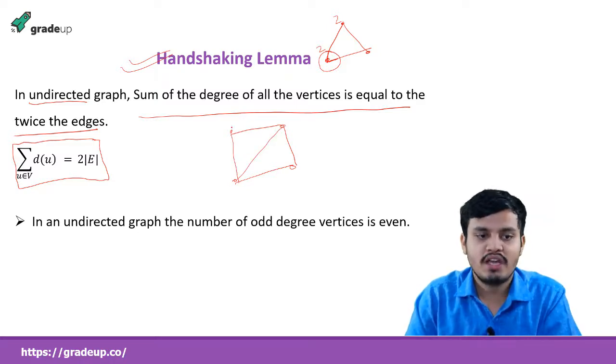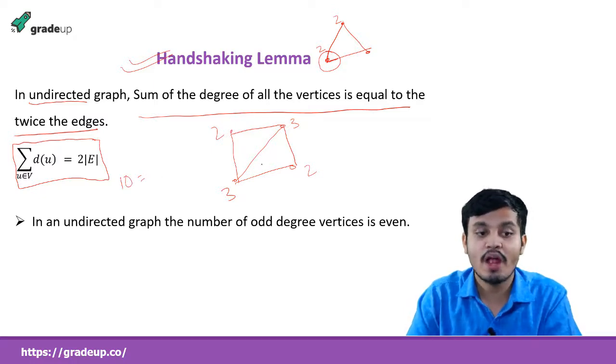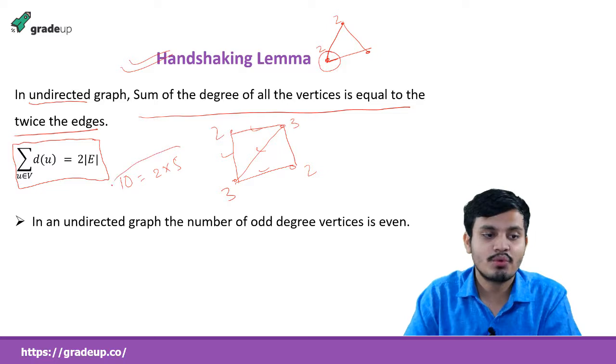Now its degrees: 2, 3, 3 because 3 edges are incident on that vertex, and 2. Now take the sum of all these: 4 and 6, 10. The sum is equal to 10. That should be twice the edges. How many edges? 1, 2, 3, 4, 5. 2 into 5. But this is not a proof.